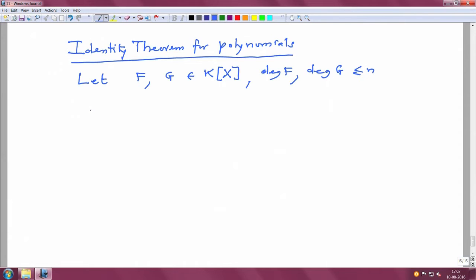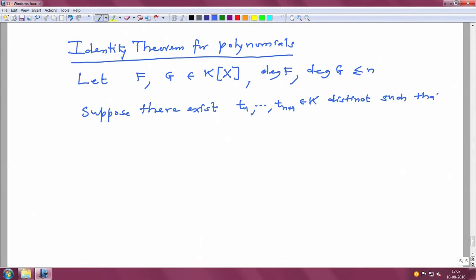The condition is, suppose there exist n plus 1 different elements T1 to T(n+1) in K, distinct elements in the field, such that when I evaluate f at Ti and g at Ti, these are equal for all i from 1 to n plus 1.